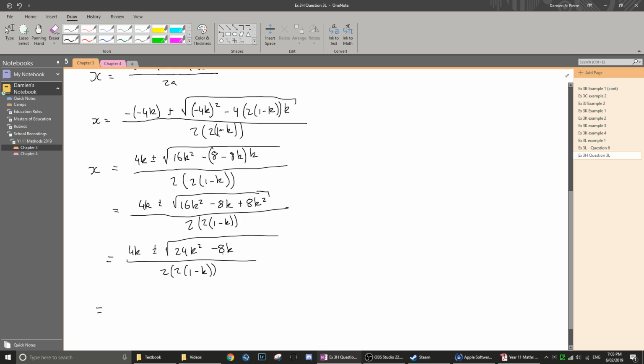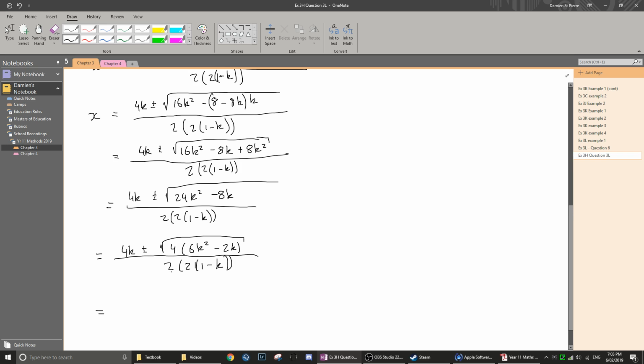Now we can take out a common factor inside this and do a little bit of simplification. So 4k plus or minus, if we take this common factor of 4 out, we get 4 times 6k squared minus 2k, all over 2(1 minus k).